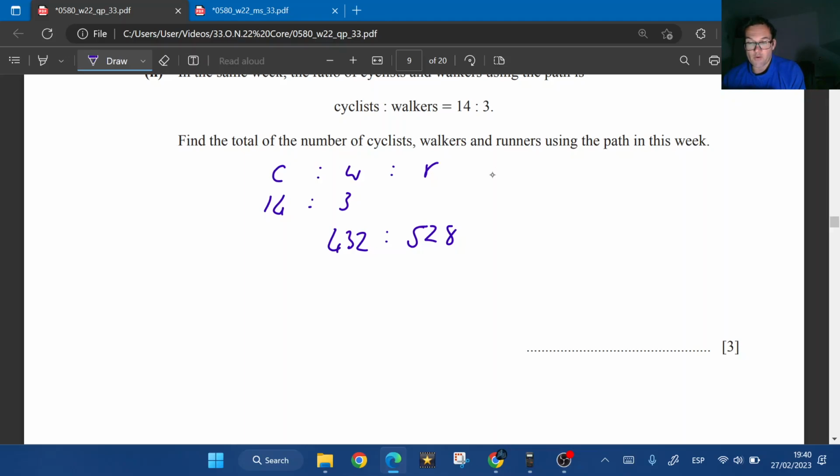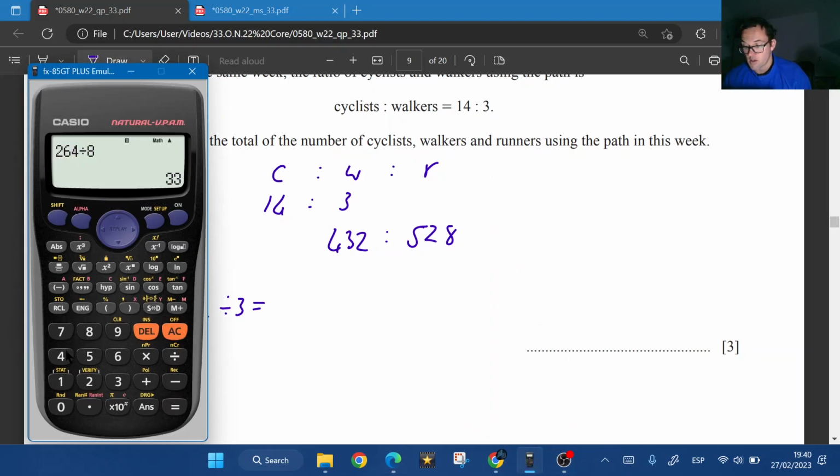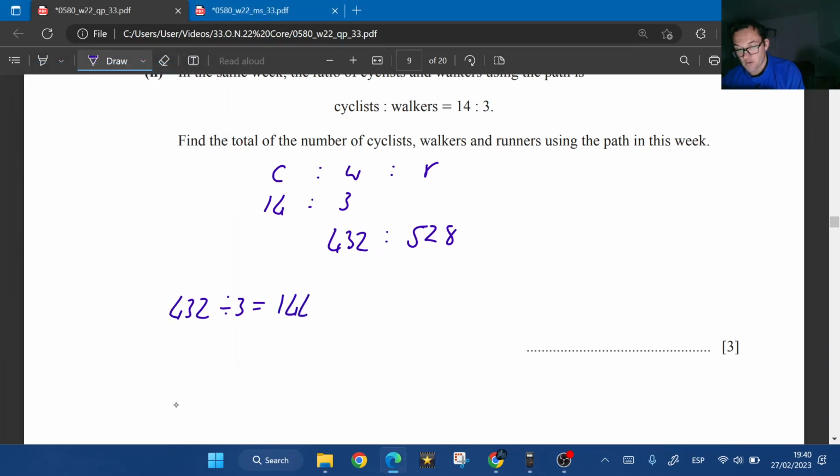So how do we get from 432 to 3? Let's divide that. 432 divided by 3, because this represents the walkers. That's 144. Okay, so that means 3 times 144 is 432.